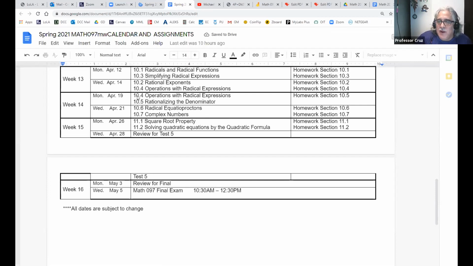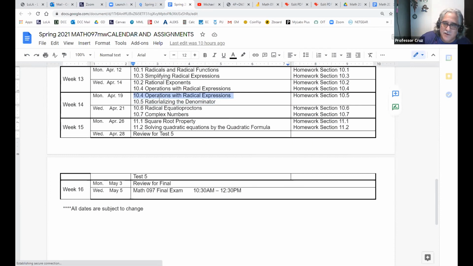Yeah, next time we've got multiplication and division, and then we can use multiplication. I'm sorry, it's just multiplication. Rationalizing the denominator is sort of like dividing. You don't really have a strict operation for dividing with radicals, but this thing called rationalizing the denominator essentially does the same thing.